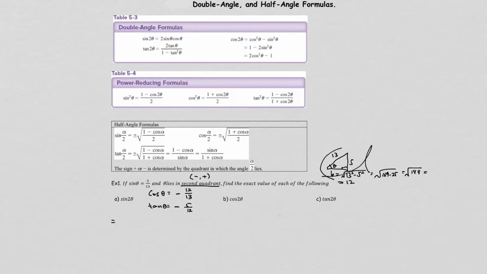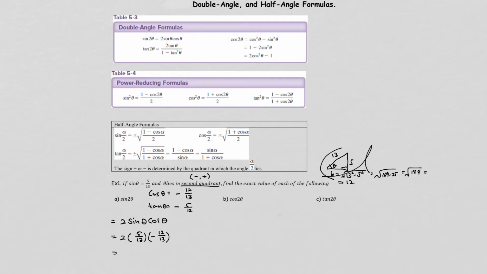So sine of the double angle, 2 theta, is going to be the same as copying this formula: 2 sine theta times cosine theta. So it'll be 2 times sine theta times cosine theta.